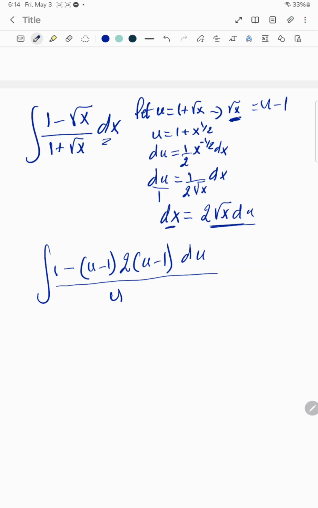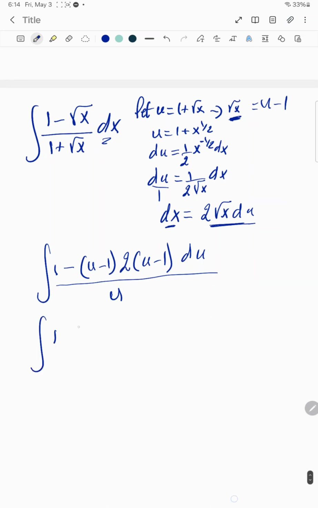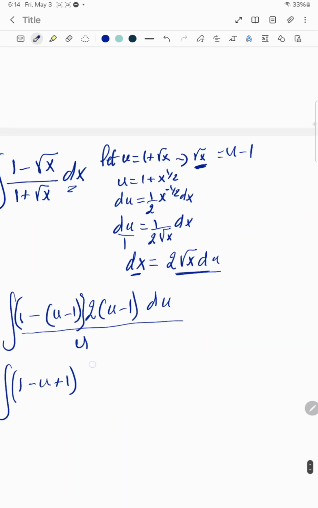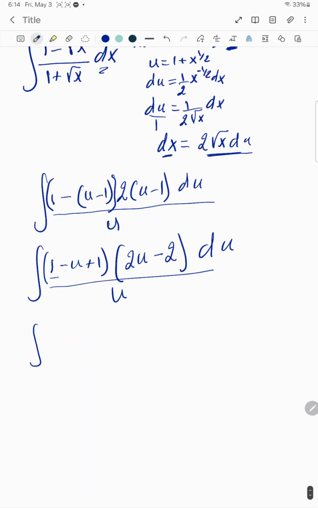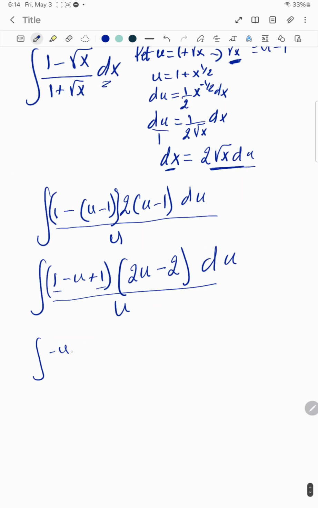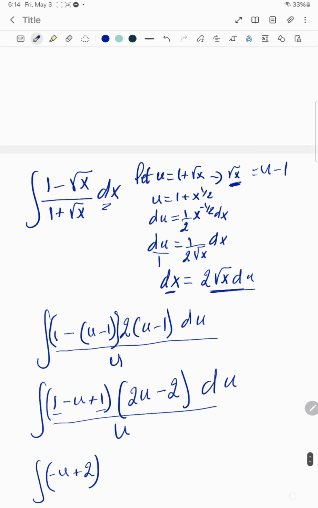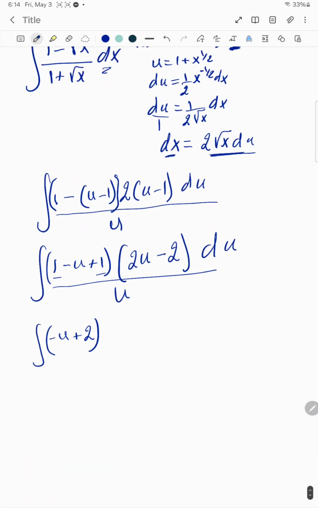So here let's elaborate my numerator. I will put parentheses here: 1 minus (u minus 1), multiplied by (2u minus 2) du divided by u. So 1 minus u plus 1 is minus u plus 2, multiplied by 2u minus 2, du divided by u.